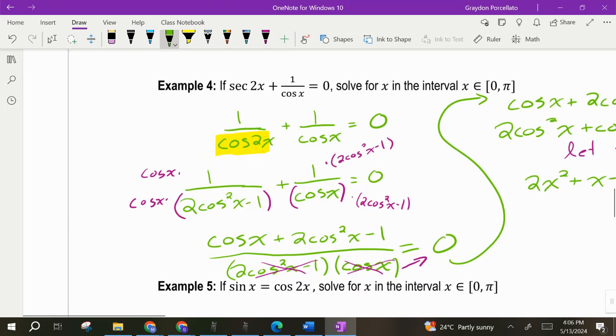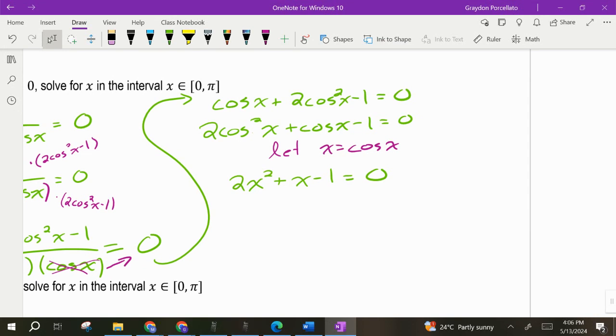So rather than going through the process of factoring that again, I know that this factors to 2x minus 1 and x plus 1 equals 0. So my solutions are either x equals 1 over 2 or x equals negative 1.